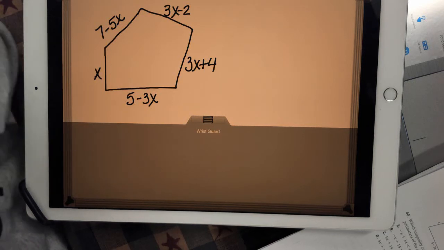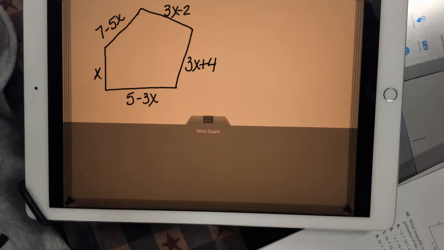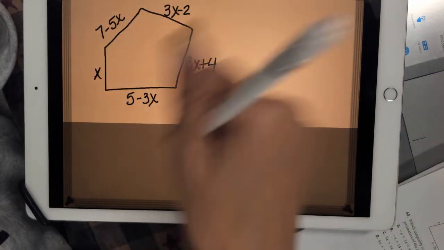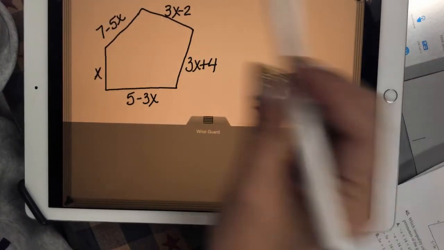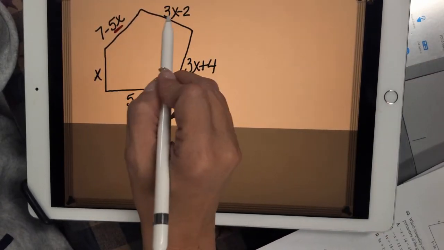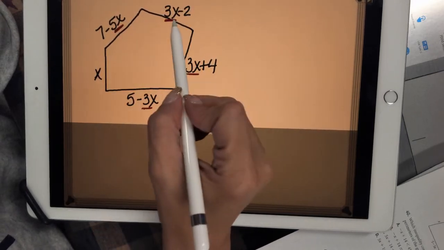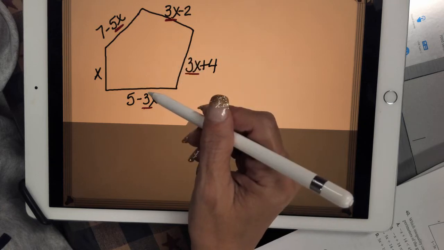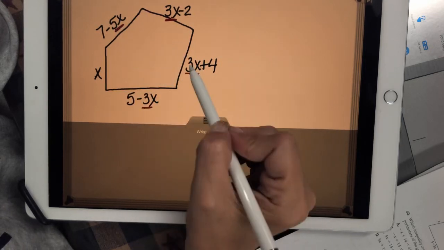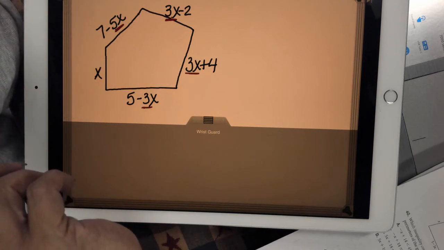Which inequality could be used to find a possible perimeter of the grazing area? Well, if I'm going to find the perimeter, I'm going to need to add it all up. I'm going to be a little lazy on this because I've got my drawing. I'm just going to add all my like terms. 3 and negative 3 are going to cancel each other out. Negative 5 and 3x give me negative 2.